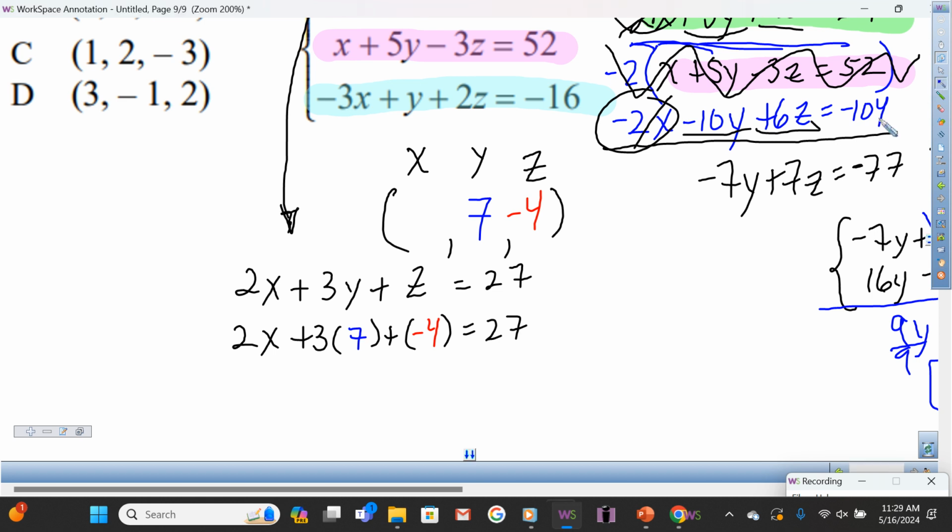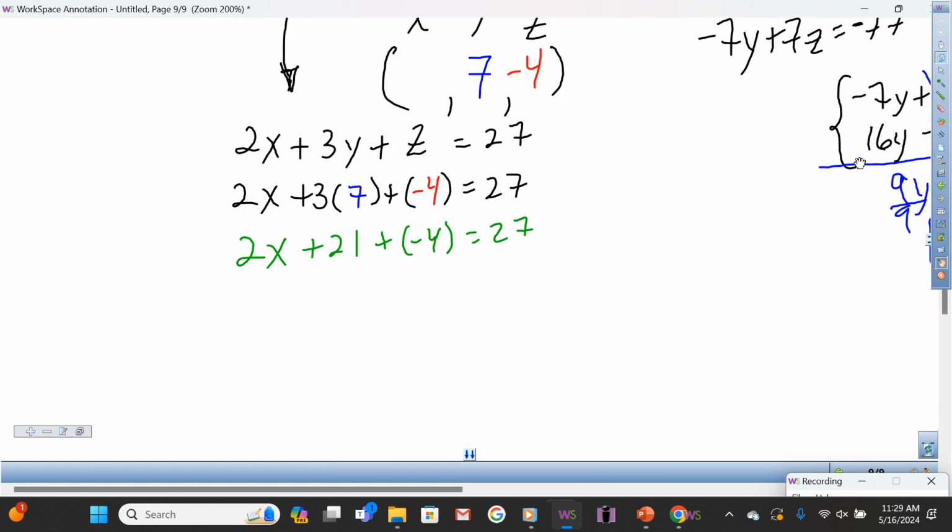And then we simplify and solve for x. Here we go. 2x, 3 times 7 is 21, plus negative 4 equals 27. Let me scoot up a little bit. Can I combine stuff? Yeah, what is 21 minus 4? 17, yes?